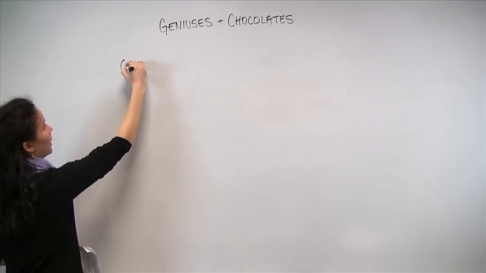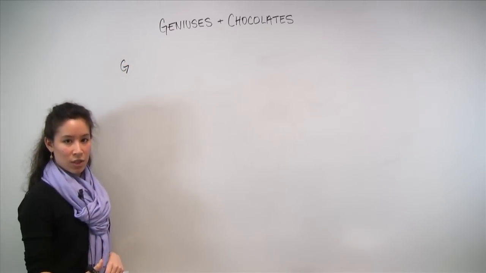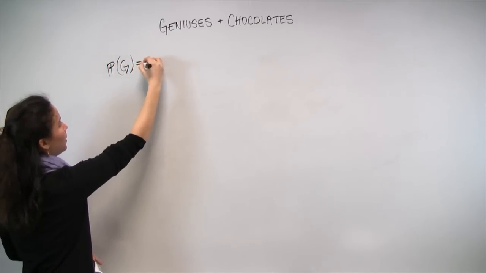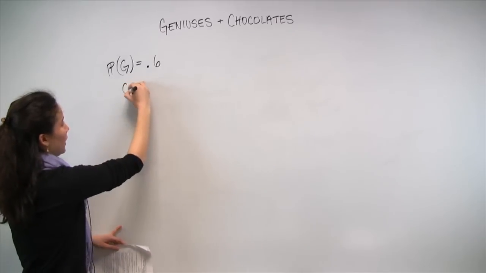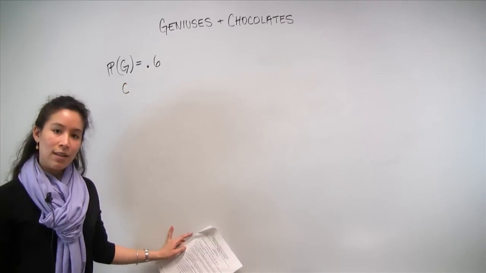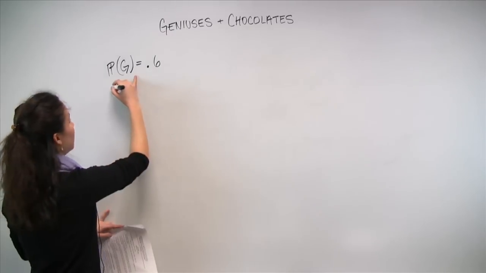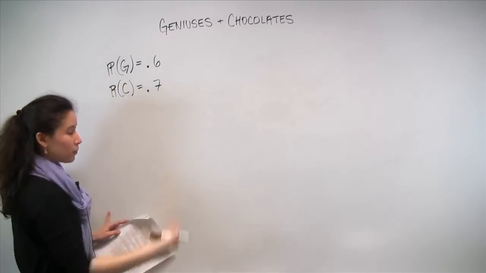If you let G denote the event that a randomly selected student is a genius, then the problem statement tells us that the probability of G is equal to 0.6. Similarly, if we let C denote the event that a randomly selected student is a chocolate lover, then we have that the probability of C is equal to 0.7.